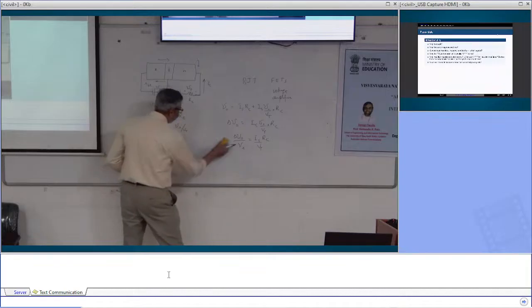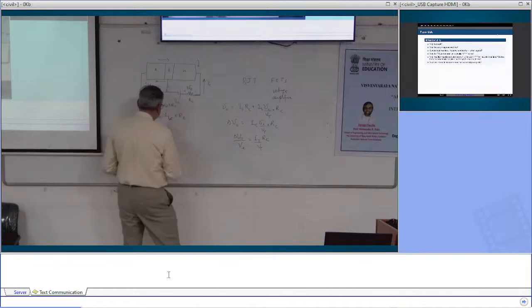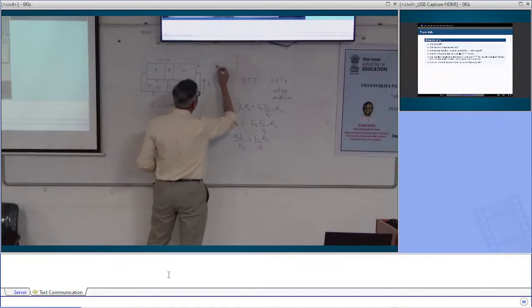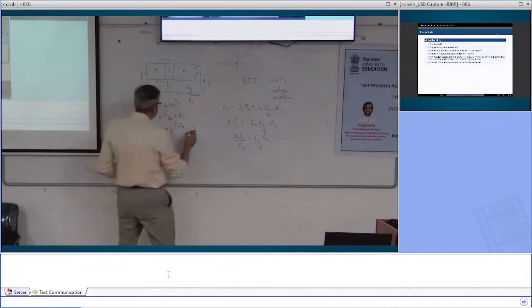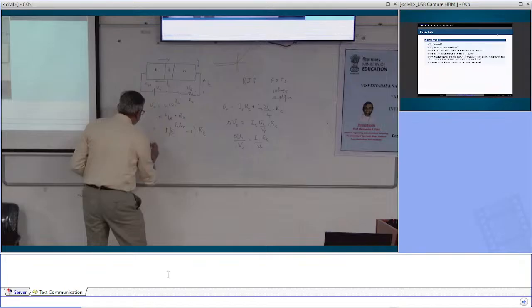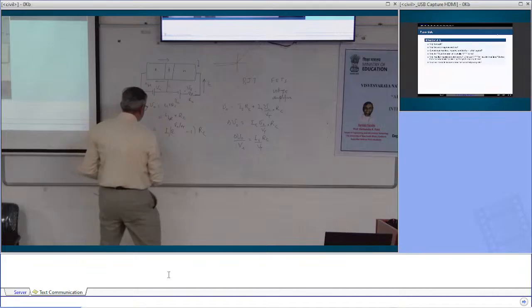That's it. Minus 1, yes, because that's the minus saturation current here. That is minus, that's why it is minus 1. And C equals this.